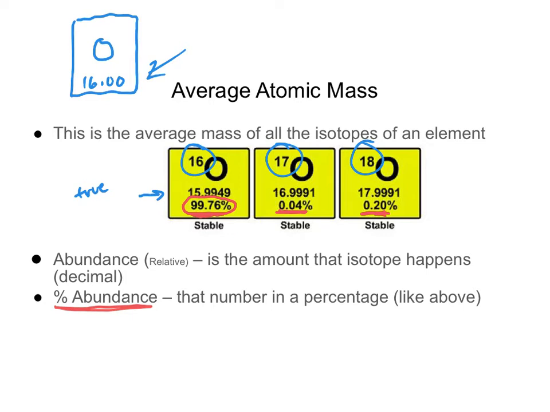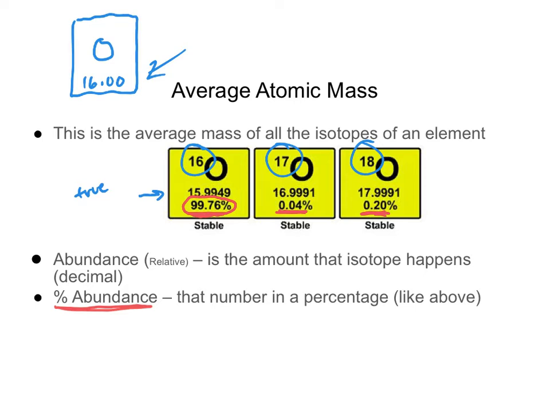So that means of all the oxygens in the universe, 99.76% of them are oxygen 16. The other 2 isotopes of oxygen happen far, far less. I mean, 0.04%, that's almost too small to even count, right?